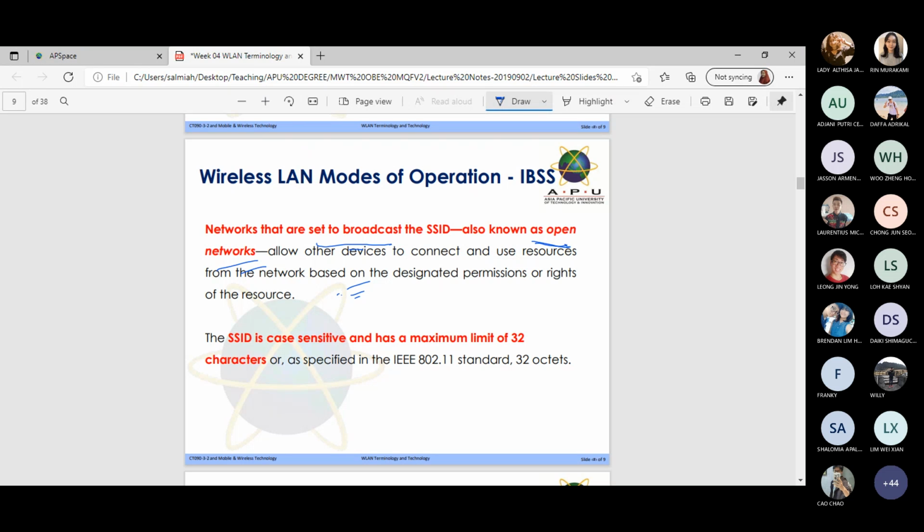I believe you already learned in intro to networking that, yes, we can use WEP. There are a lot of security settings. You already learned before in your Packet Tracer, am I right?